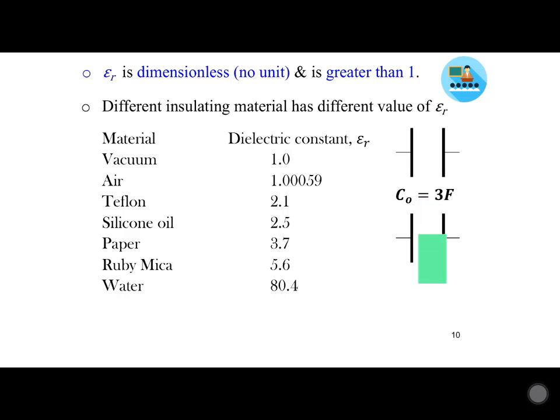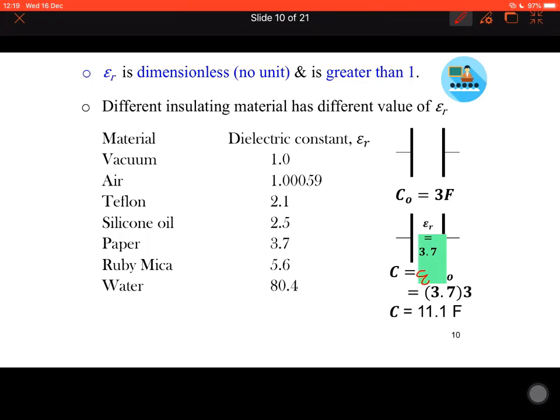So this is an example if you put in a dielectric, and the dielectric has a dielectric constant of 3.7, for example. The capacitance for the parallel plate capacitor will be epsilon R C naught.